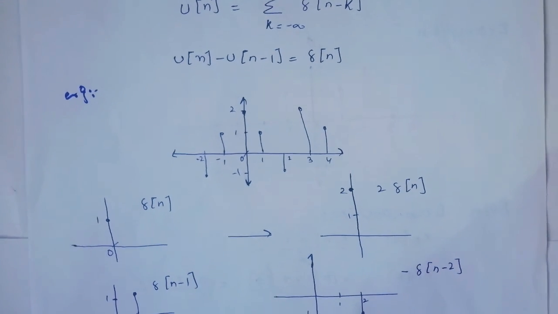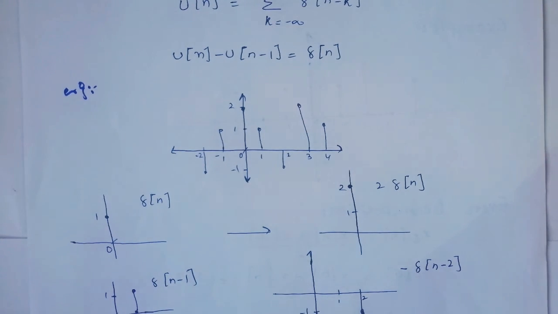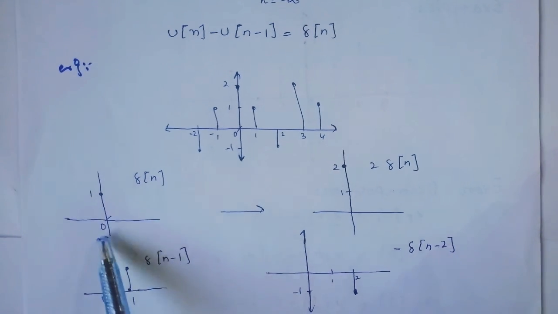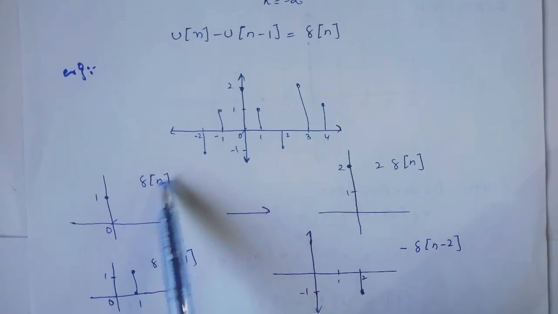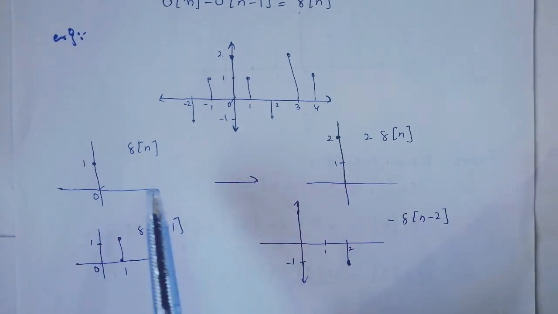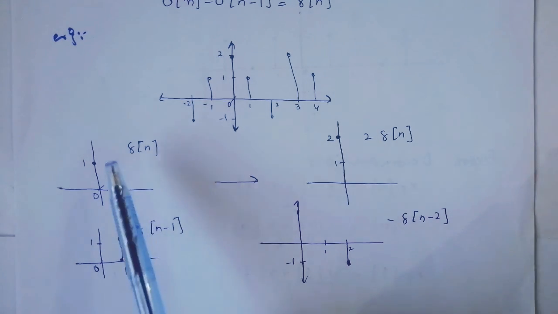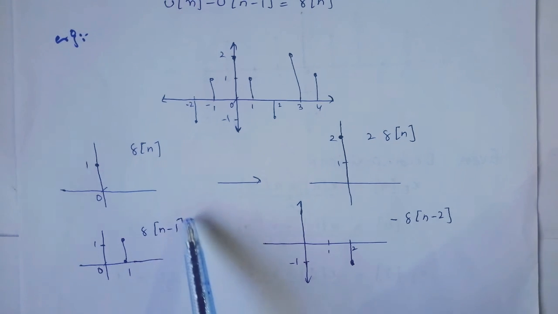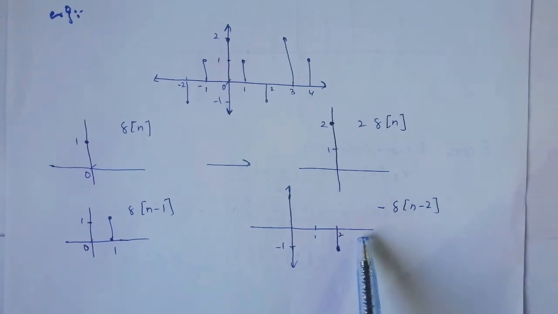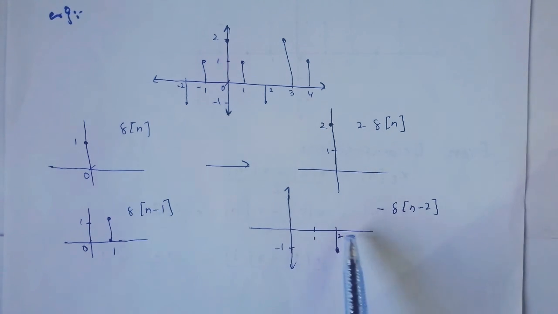Let's check an example. This is how we can split our signal into delta functions. We know the delta of n is equal to 1 at 0. So 2 delta of n will be 2 at 0. And delta of n minus 1 will be a shifted version of delta of n. That means now we get 1 at 1. Shift of minus 1. And we'll get minus delta of n minus 2 when we shift the delta function by 2 and invert its amplitude to make it minus 1.